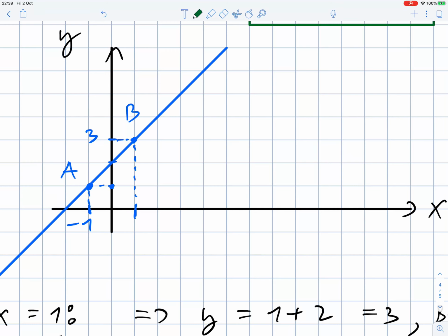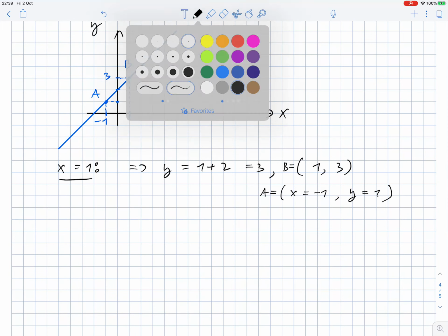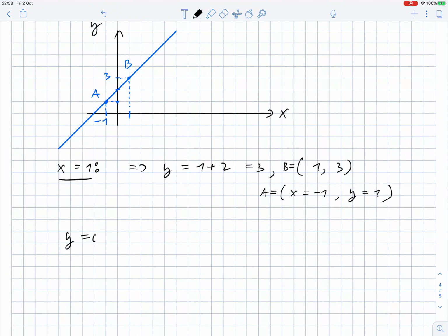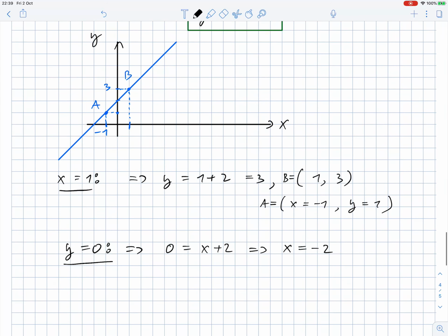So we have to use y as 0. Therefore, 0 equals x plus 2. Then we have x equals minus 2. So the crossover point is minus 2, 0.